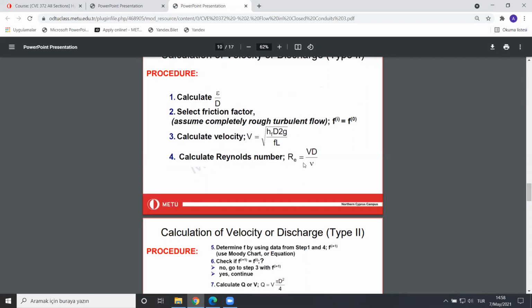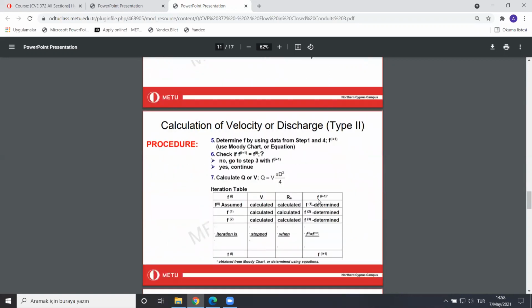First of all, you need to calculate the Reynolds number. Then you find the final F value, like here, and check if these two are close enough to stop. If they are close enough, stop. If not, go for the next iteration, and it continues like this.